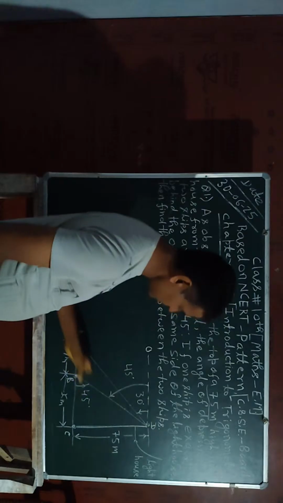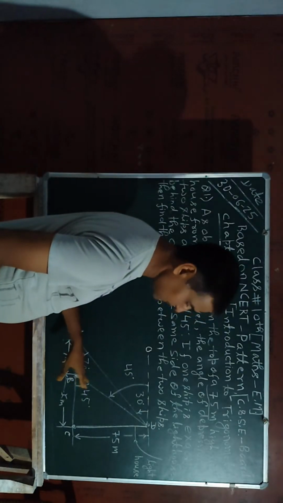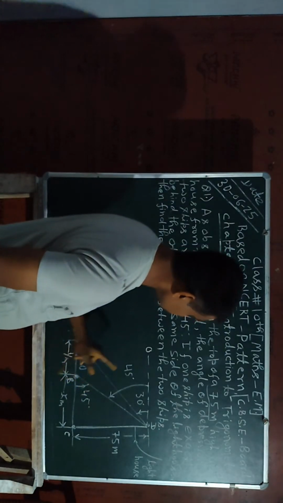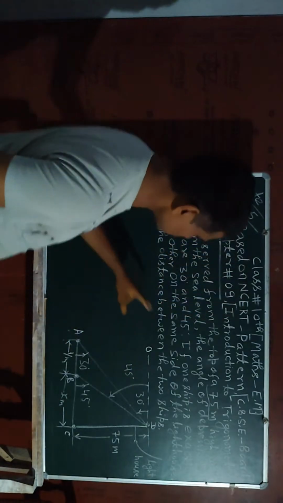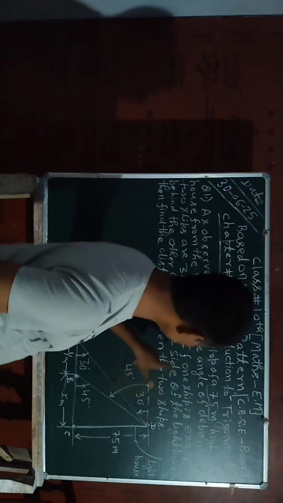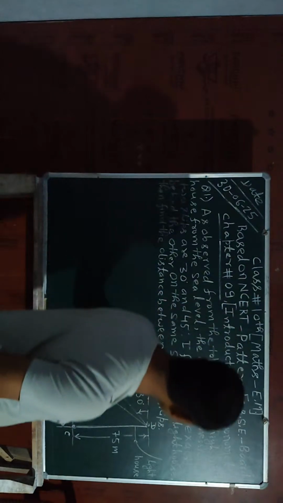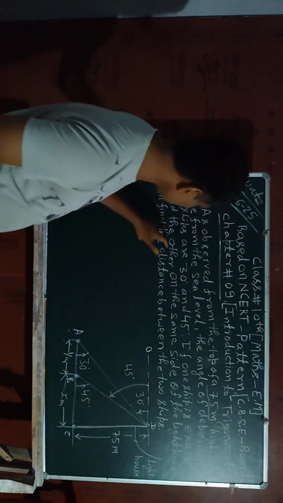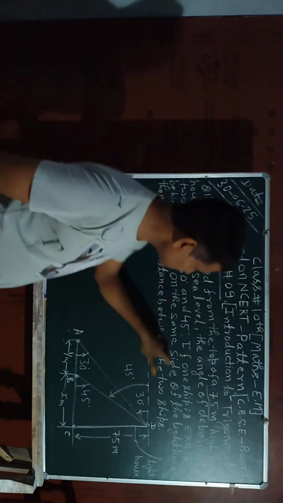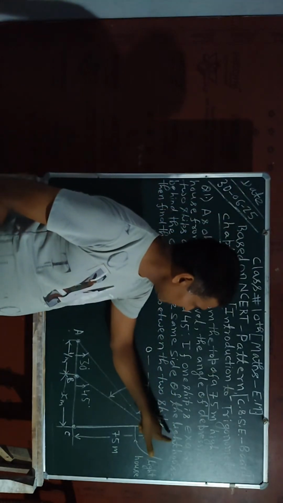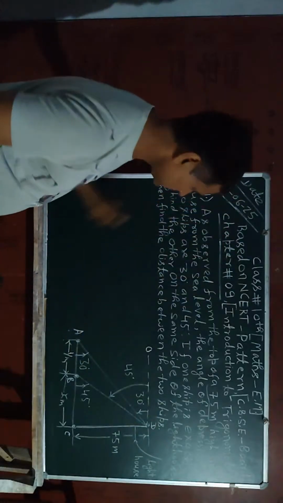How does this angle come about? I will explain by the geometrical method. Now the next information I take from the question: one ship is exactly behind the other on the same side of the lighthouse.